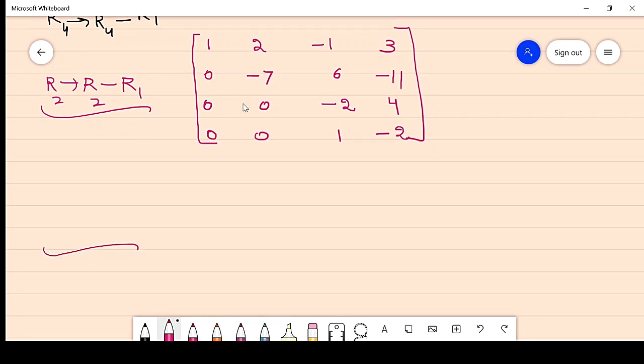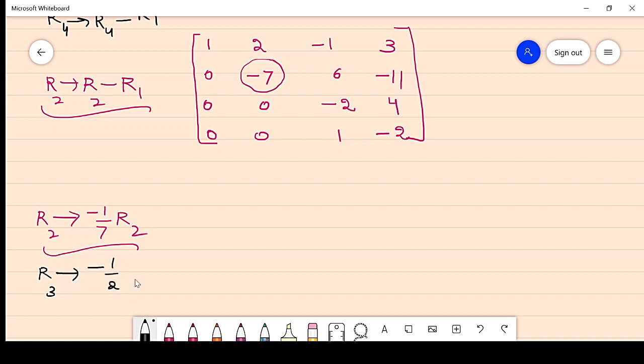Now again to make it 1, we multiply R2 by minus 1 by 7, and next, it is a multiple of 2, so R3 can be written as minus 1 by 2 into R3.